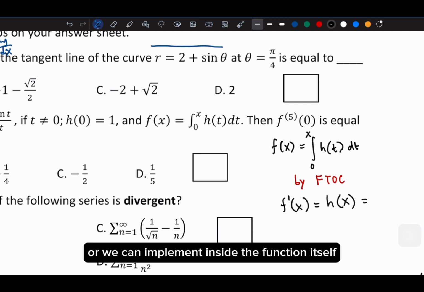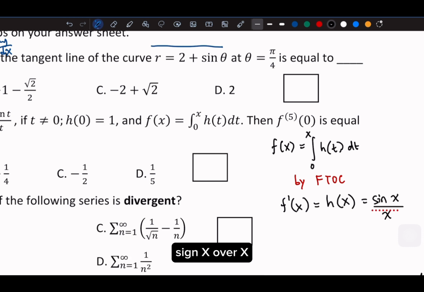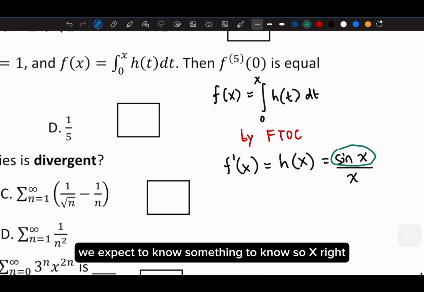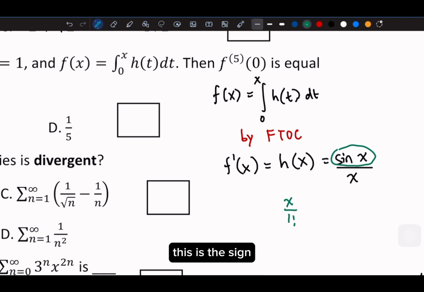Or we can implement inside the function itself, sine x over x. In Maclaurin, sine x is something that we expect you to know. Something to know. So x, right? This is the sine.